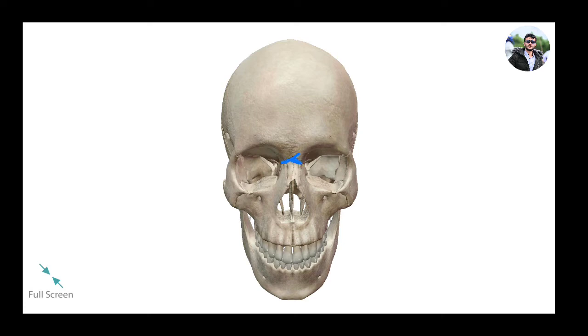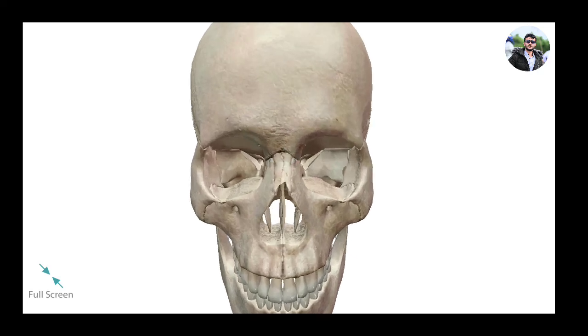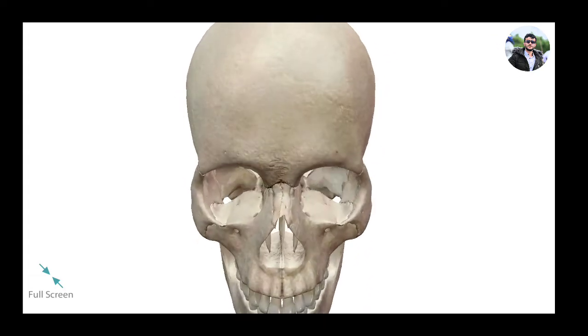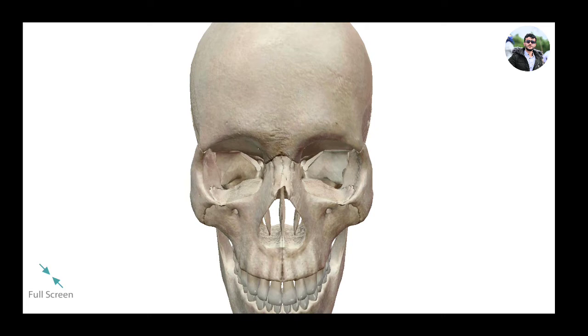There is a small suture here, as we zoom in, between the frontal bone and the nasal bones. Between this bone and these two tiny bones here, there is a suture called the frontonasal suture.